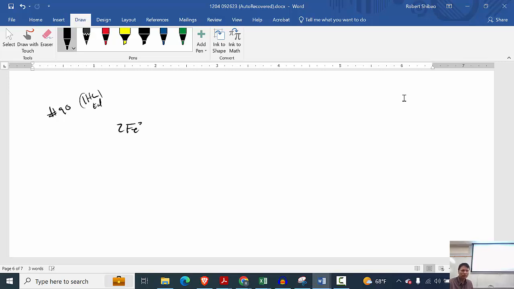So I have 2 iron 3s and a mercury 1. This is a redox reaction. And this is going to produce 2 iron 2s and mercury 2 plus here. Looks right. So let's see what they gave us.